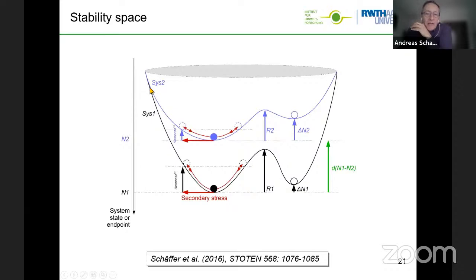In the contaminated soil, which is the blue line here, we have in principle the same situation. It has a certain system state, and if a low stress occurs, then it's the same as with the uncontaminated soil. But if the stress is high enough, the contaminated soil, whose resilience is lower than the resilience of the uncontaminated soil, will more easily fall into another valley, so into another system state.